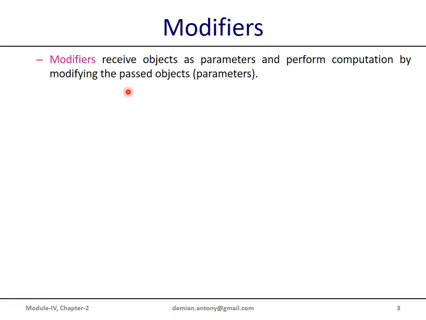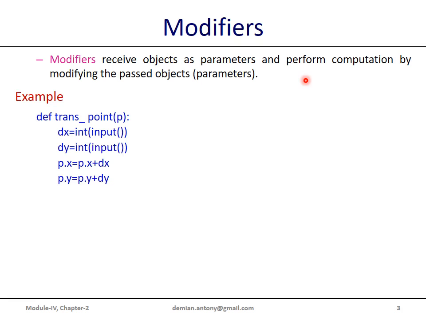Modifier is a function which receives objects as parameters and performs computation by modifying these parameters, I mean object parameters. Let us understand by taking a simple example. We'll take up the same class Point and we write this function called translate point.